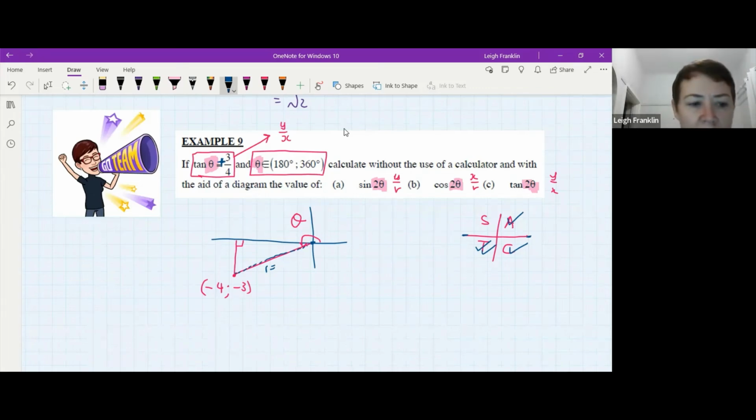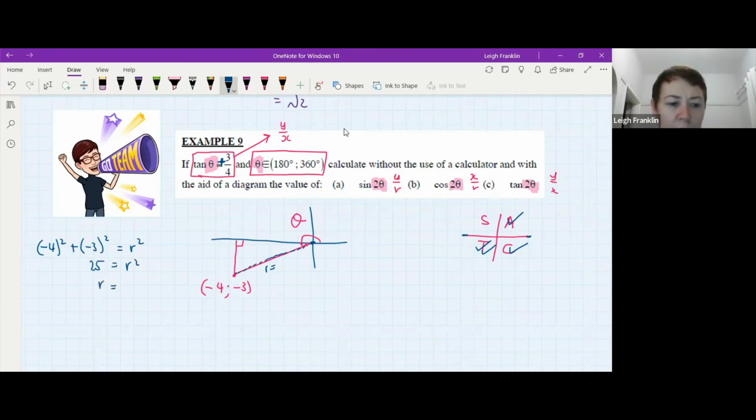So we will say x squared plus y squared. Please, please, please, when you substitute, you must substitute in brackets and put exponents on the outside. Okay, very, very, very important. Is equal to r squared. So that's going to give us 16 plus 9, which gives us 25 is equal to r squared.